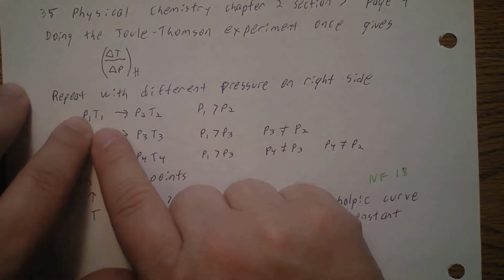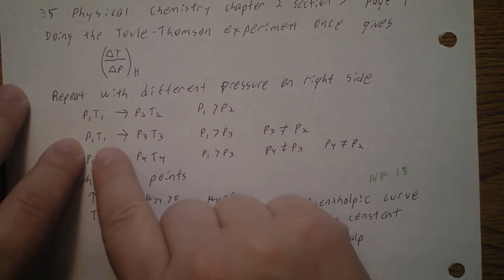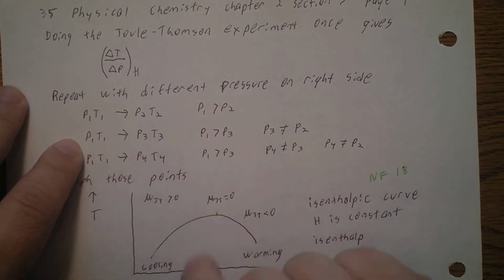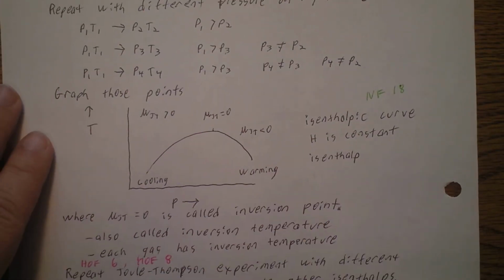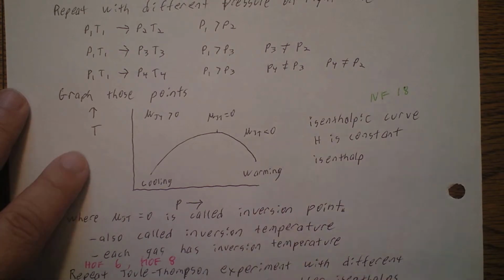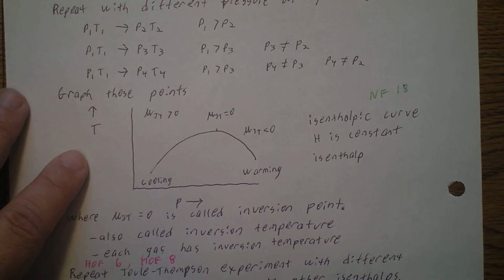So you end up with P1 T1 to P2 T2 with P1 greater than P2, and then you go from P1 T1 to P3 T3 with P1 greater than P3 and P3 not equal to P2. You just repeat it with different conditions, and you connect all those points. So here we have a graph of temperature versus pressure, and you connect all those points and make a curve.